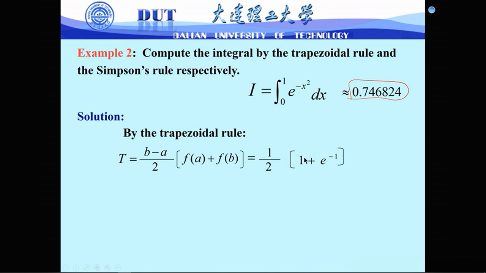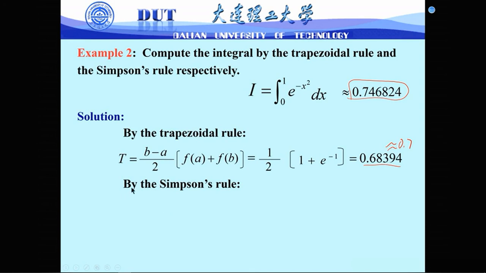Okay, so you can use your calculator, then you will obtain 0.68394. Okay, now you see, compare with this value, only with one significant digit. Okay, because this number can be approximated to 0.7, right? So this is not good enough, right?